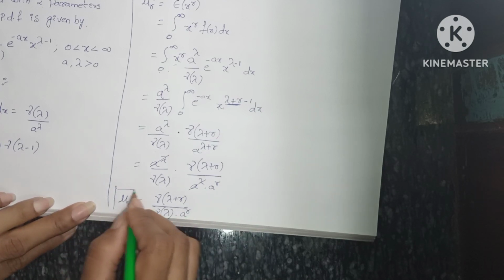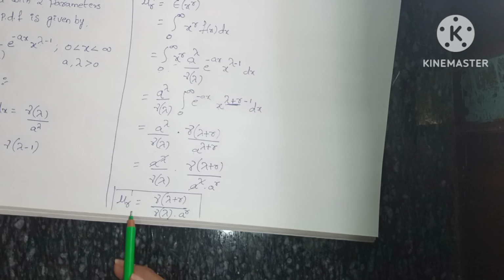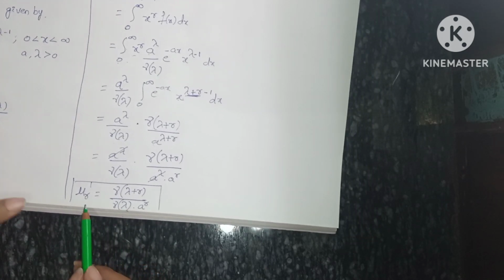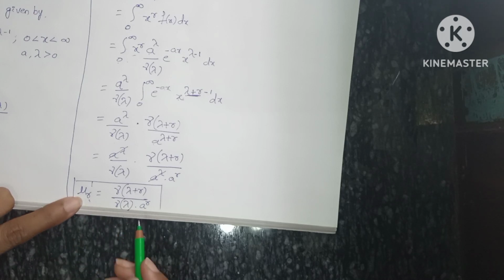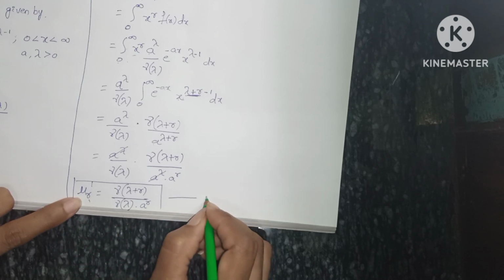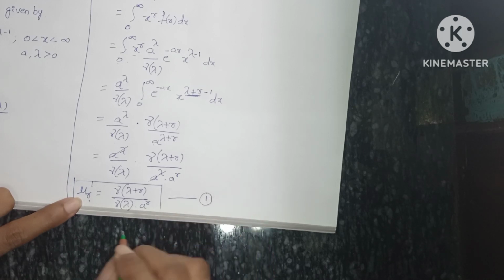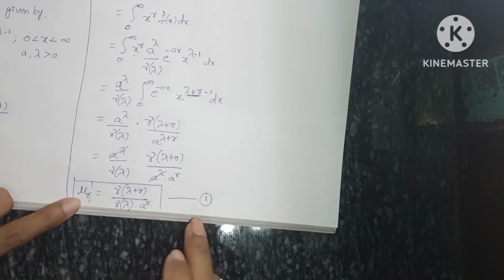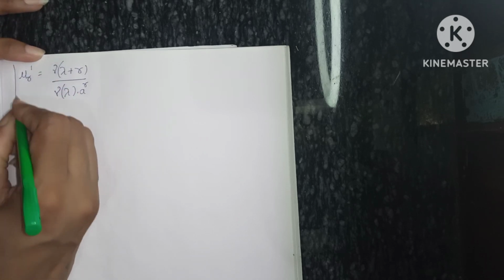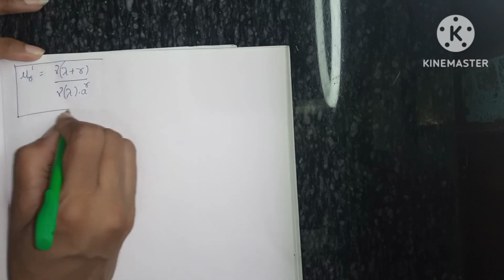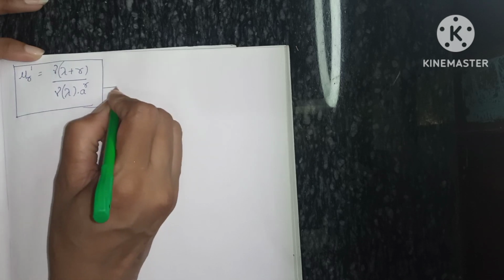This is the final term we have. Now we put r equals 1, 2, 3, 4, because we want up to 4 moments. We consider this as equation 1.